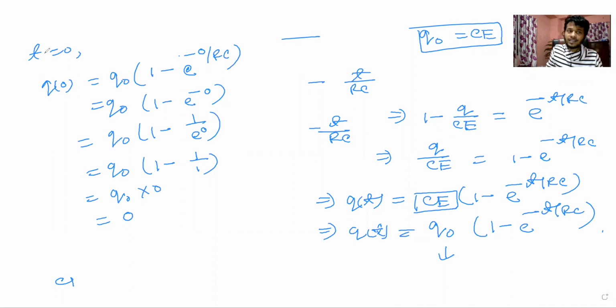So at time t equals 0, we get the amount of charge on the capacitor to be 0. That means this formula works for the initial state. Now let us analyze if this formula works for the steady state condition.